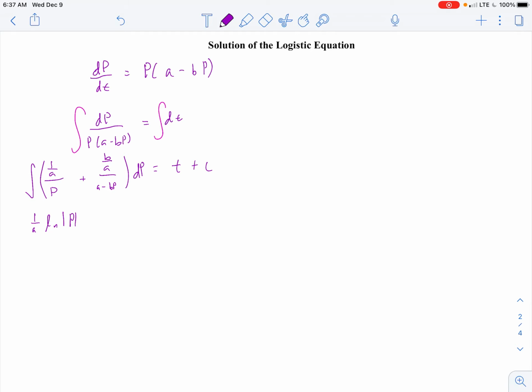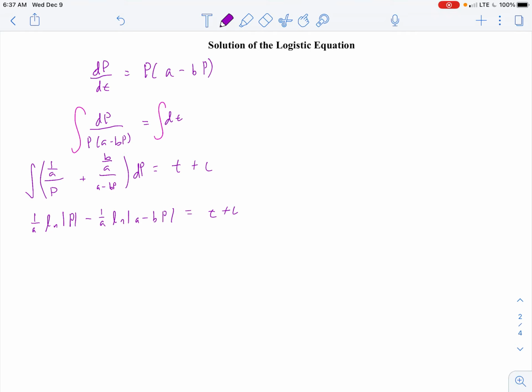So when I plug in the negative b, I have to also take that out. So b on the bottom will cancel out the b on the top. So we're just left with minus 1 over a natural log of a minus bp. And that's equal to t plus c.